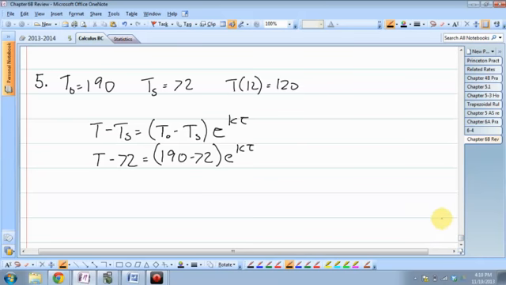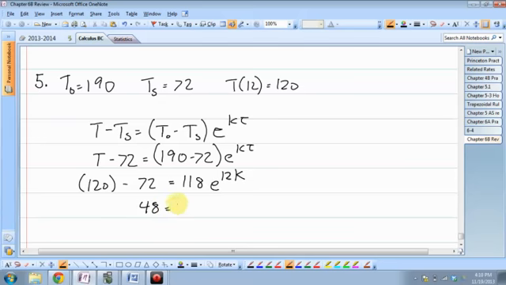Let's put in 12. So 120 minus 72 equals 118 e to the 12k. 120 minus 72 is 48.